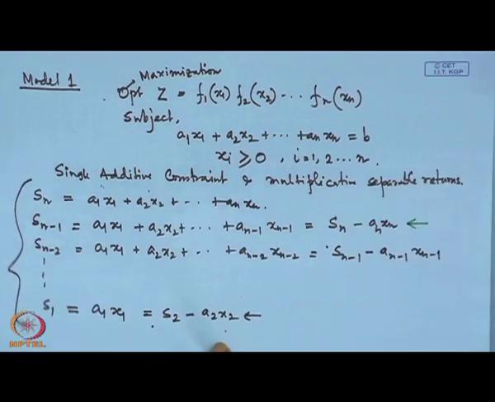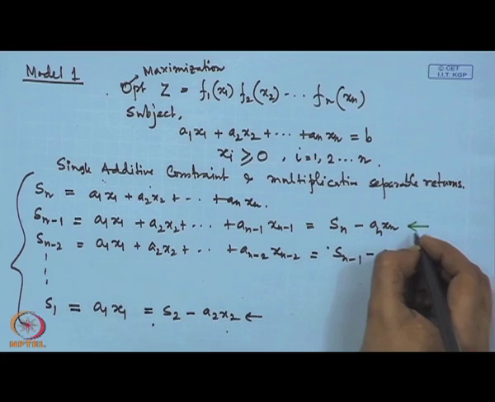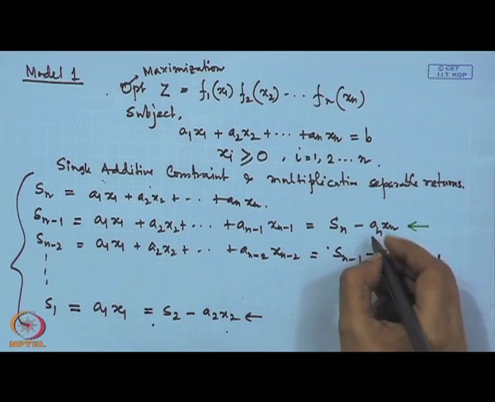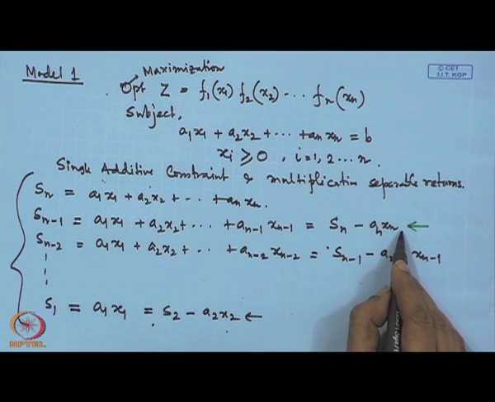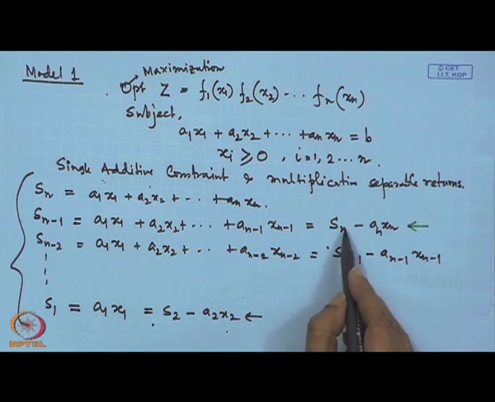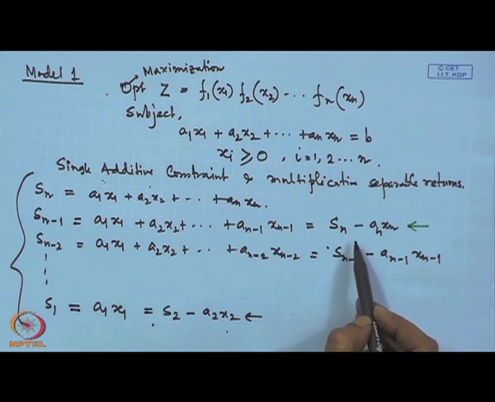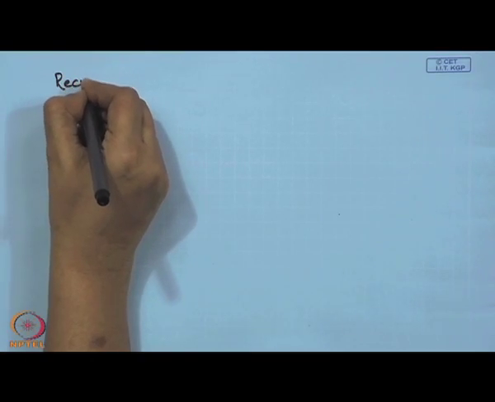Now, we have formed the stages, we have formulated the state variables, we have defined the state transformation equation for individual stages. This transformation is responsible for moving to the next state, that means it is dependent on the previous state in this way. Then we can formulate the recursive formula in this fashion.